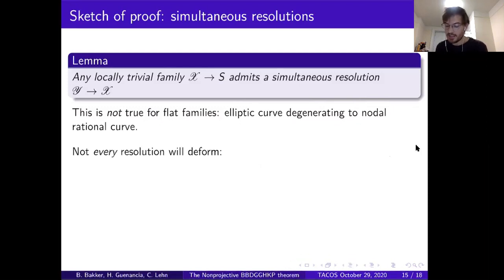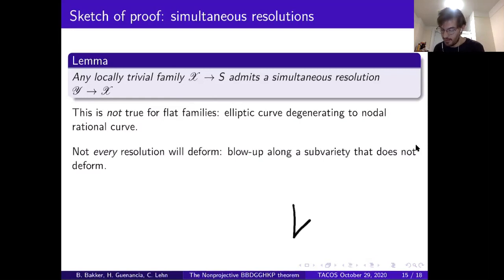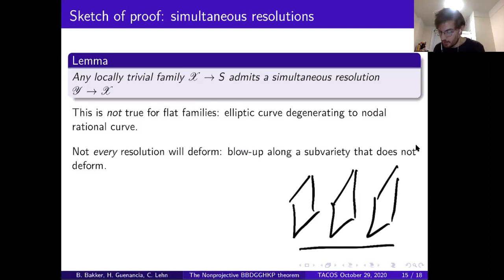It's not the case that every resolution will deform sideways. Again, as a simple example, suppose we have a family of varieties like this, and suppose there's a curve in the special fiber that doesn't deform sideways, and suppose we blow that up. We take a resolution that blows that up, well then obviously that blow-up can't deform sideways, and so that will give me a resolution that doesn't deform sideways.